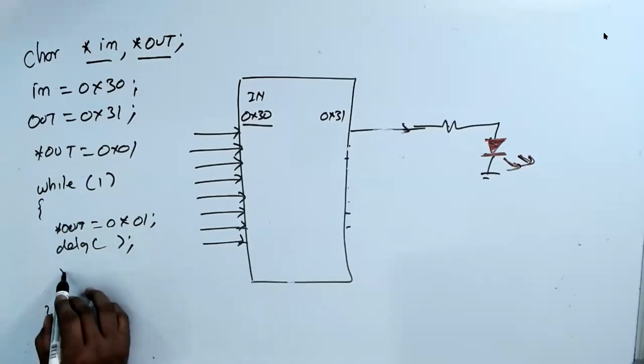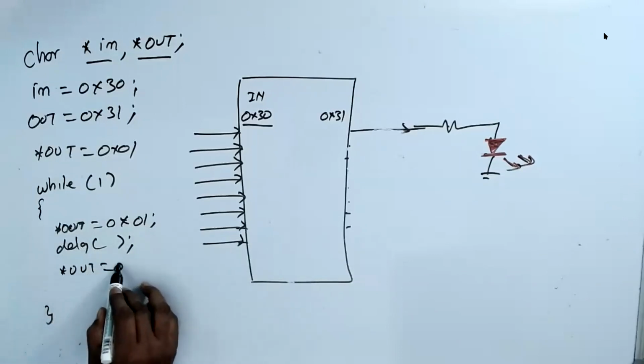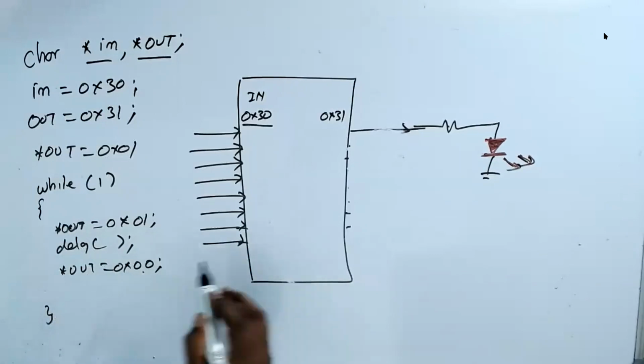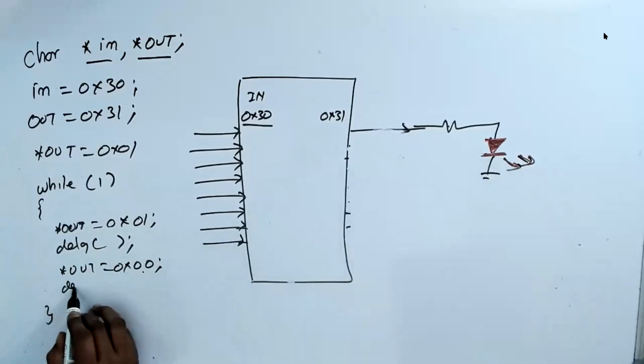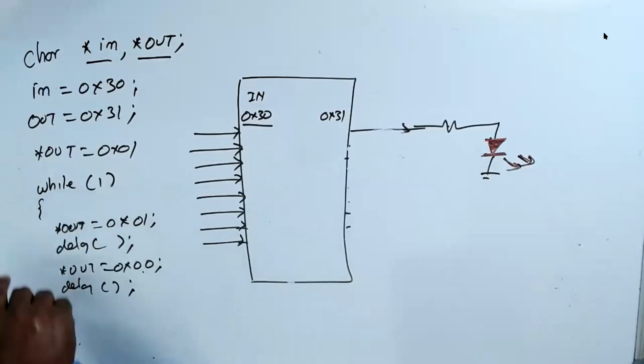Then I say star out is equal to 0x00. I turn off the LED. Then I put delay. Now what is happening? This while loop is constantly executing, and the LED is blinking.